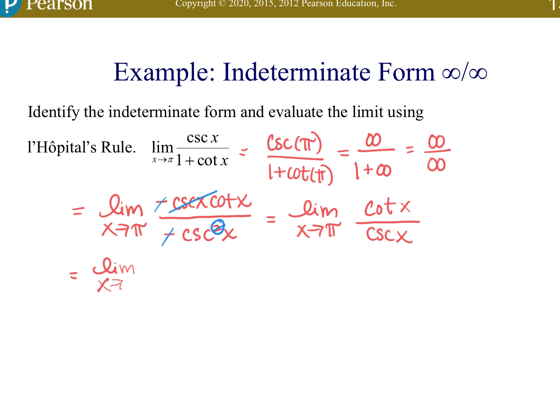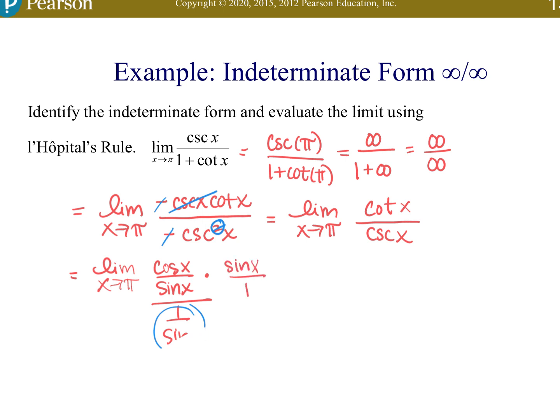So we know that cotangent is cosine over sine. That's cotangent. And then we know that cosecant is 1 over sine. So this is not really a true quotient because it's got too many numerators and denominators. So rather than having that extra layer, we're going to multiply by the reciprocal, which is the sine of x over 1.